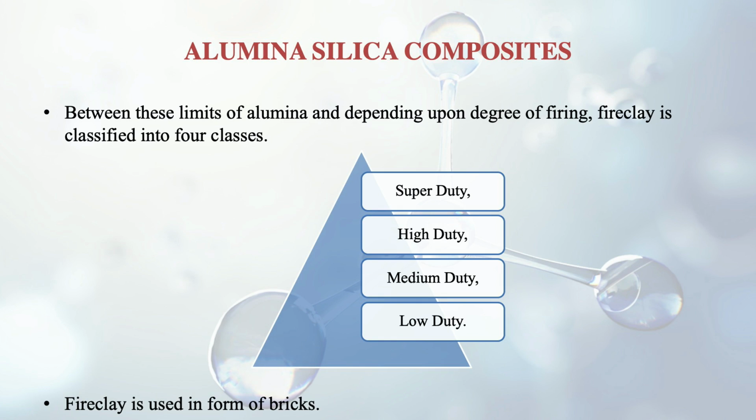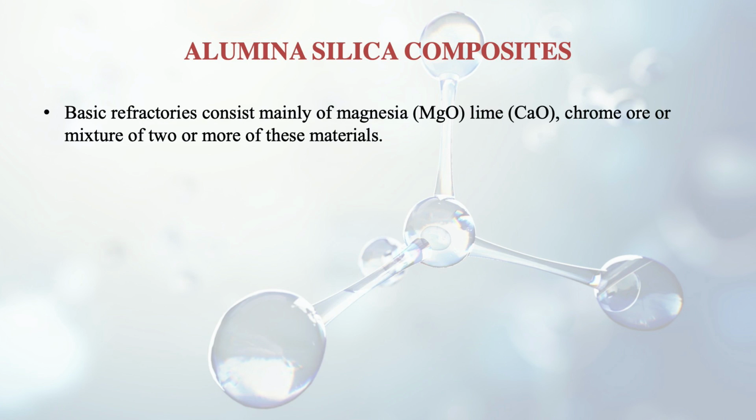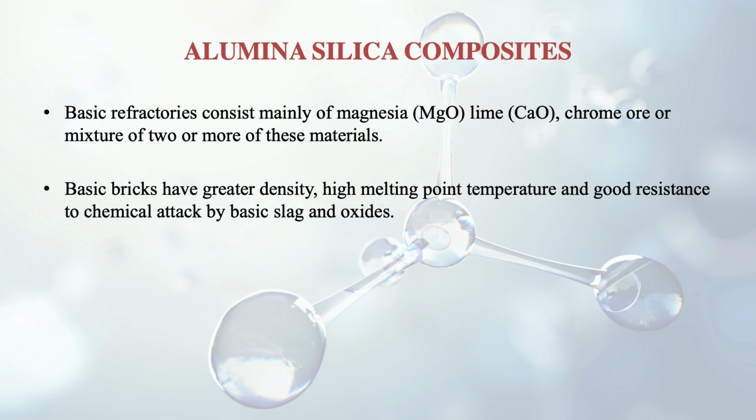Further moving on, there are magnesia and lime, that is MgO and CaO. They are used for basic refractories. And basic bricks, we see, have greater density, high melting point and good resistance to chemical attack by basic slag and oxides because of this magnesium oxide and calcium oxide.